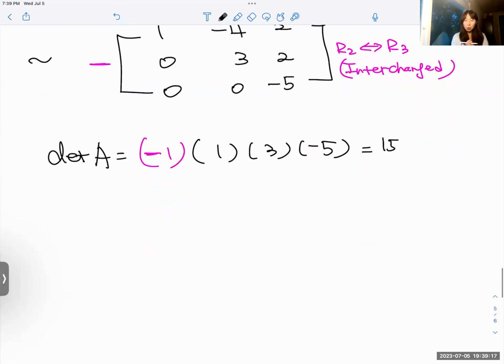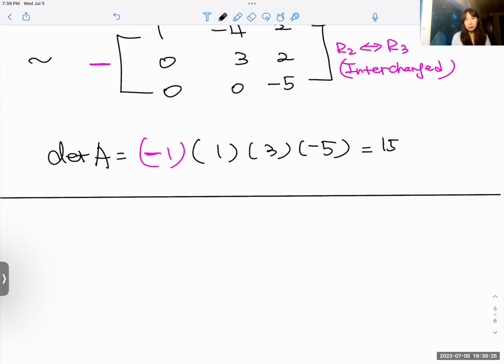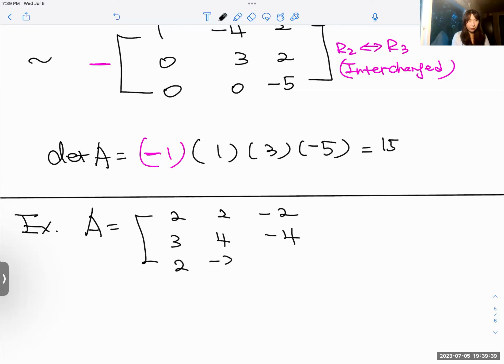So let us do one more about the scalar. This one is a little bit different. A equals 2, 2, -2, 3, 4, -4, and 2, -3, -5.